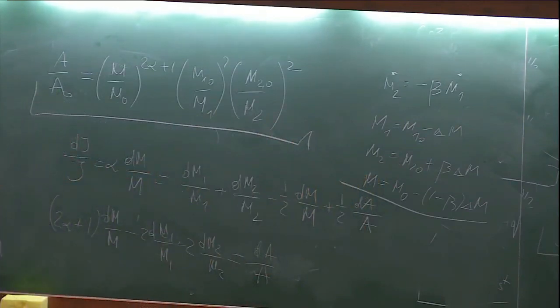Okay, and of course this depends on the particular simple parametrization that we assume, and we assume that the amount of matter and angular momentum taken from the system can be parameterized like this. I will show you tomorrow that we can also parameterize it in slightly different ways.